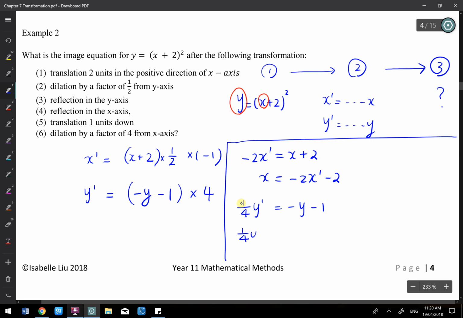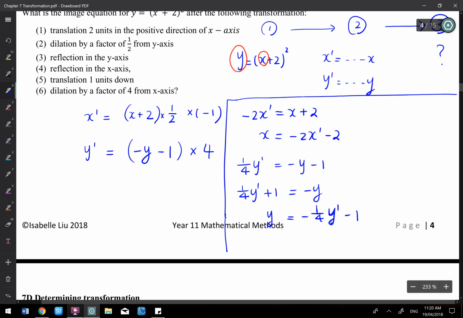A quarter y dash plus 1 equals minus y. So y equals minus a quarter y dash minus 1. Okay, so we use this one and this one to do the substitution.